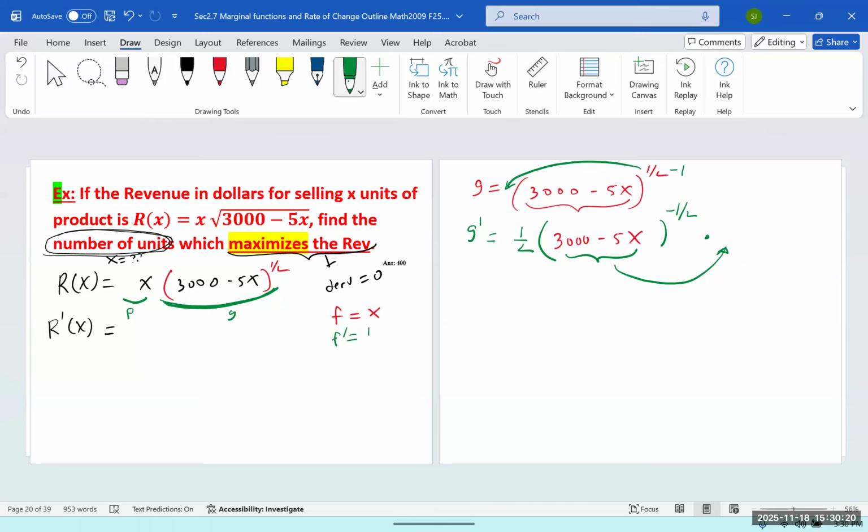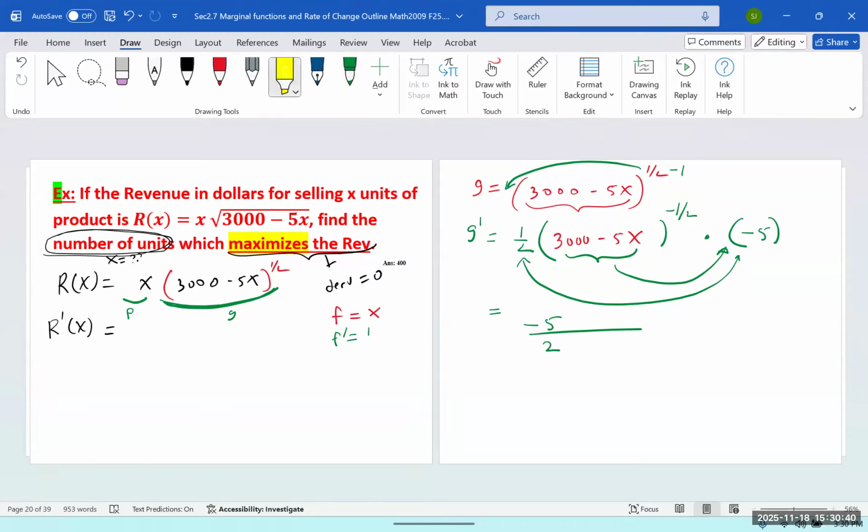What's the derivative of the inner function? -5. And you're multiplying, not adding, multiplying here. If you combine, we get 1/2 times -5, so -5/2.